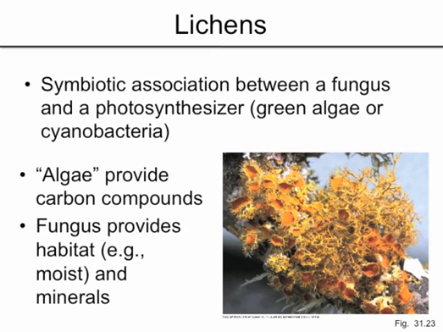In environments where there's nothing, it's just barren land, there's just rock, and there's really no soil at all, lichens will grow right on the side of the rock, and the fungus will secrete compounds that will eat away at the rock and turn the rock into soil. So they're actually one of the first things that grow in areas that eventually will produce a soil. This happens post a volcanic eruption. So you have a volcanic eruption that covers everything in lava. So it's basically everything's covered in rock. Lichens will colonize first.